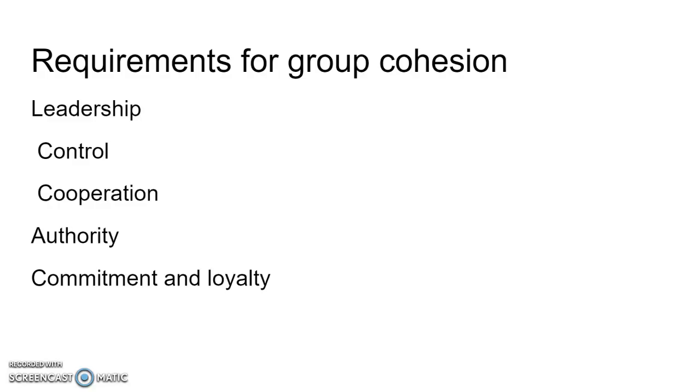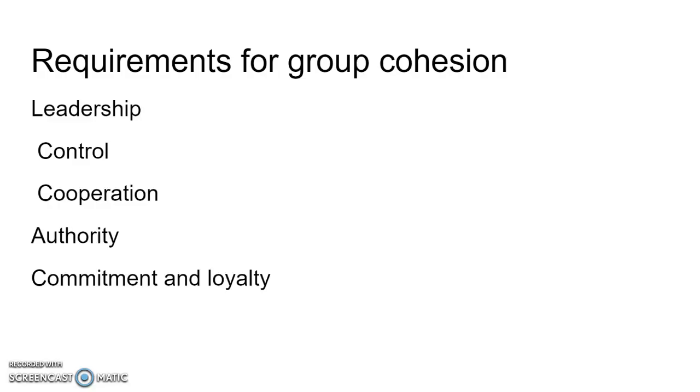All of these requirements are needed in a group, in an institution, in order for members to work together, in order for there to be unity, in order for there to be cohesiveness. All right, and we can look at each one individually.